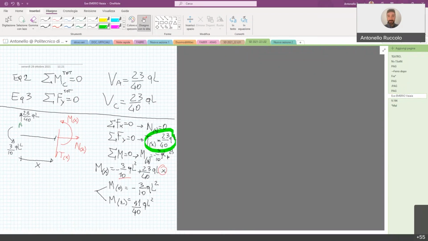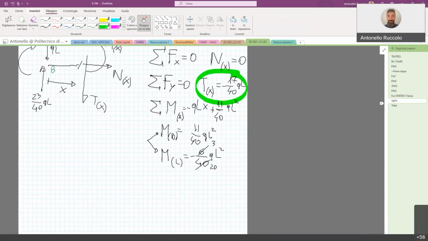So there is a discontinuity of the shear force, and only of the shear force, because the axial force is still 0, both on the right-hand side and on the left-hand side of the load. Same is the bending moment, is always 11/40. But the shear force has a discontinuity whose value is exactly the value of the external force that is applied to L.